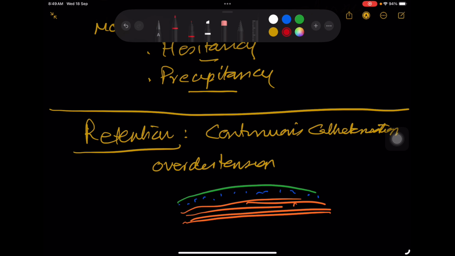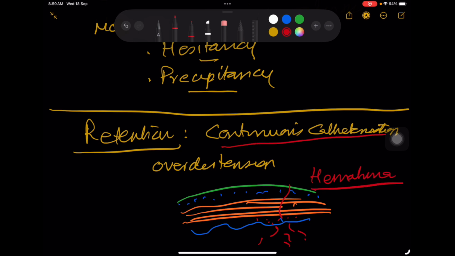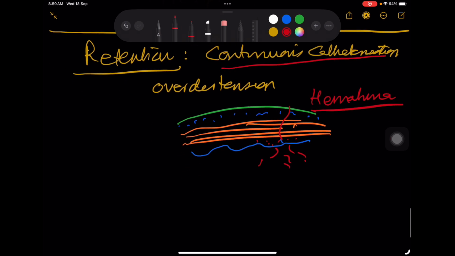But the arteries which are crossing the muscle and supplying the mucosa will continue pumping blood. Therefore, mucosa will get congested and will start bleeding. Therefore, there is hematuria if you do not put a continuous catheterization while the patient is being transported to a spinal cord injury center.